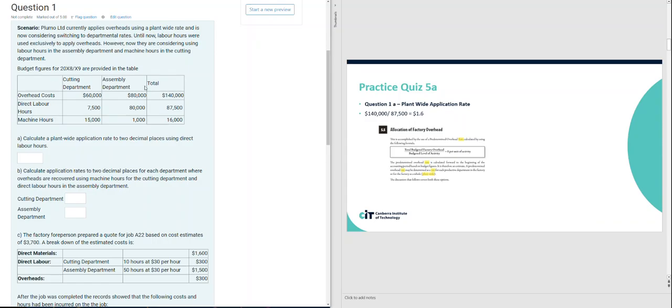Given that we are doing a plant-wide rate at the moment, and labor hours from the question is the key driver, your applied rate will be $140,000 divided by 87,500 hours, and the answer is 1.6.